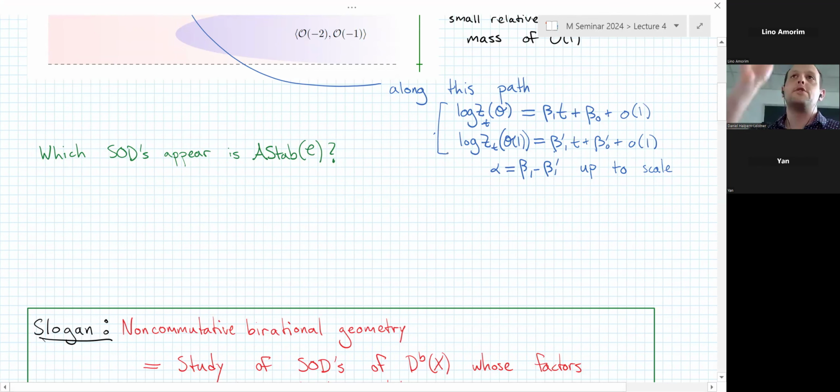So stable objects have these well-defined asymptotics, and in fact, you can consider these two points.